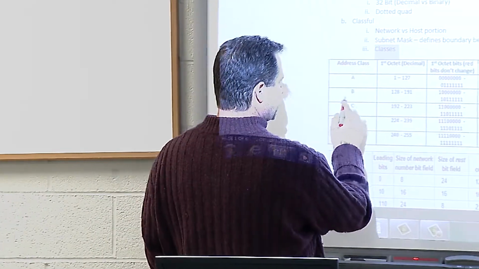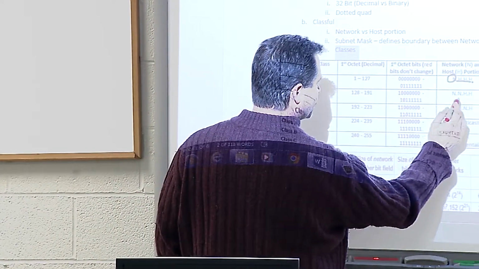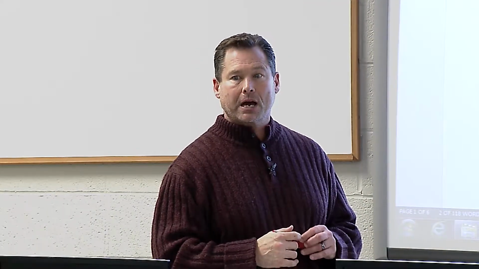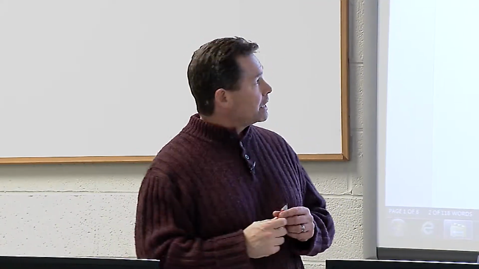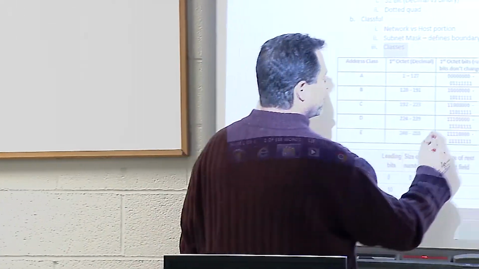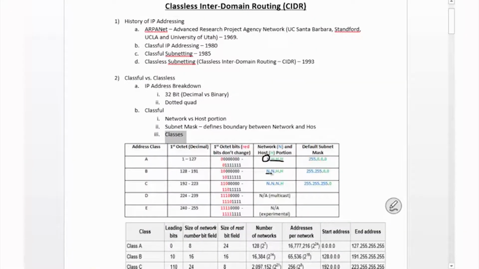And then we had Class B addresses, and we had 2 network portions. As I'm talking about this, I'm assuming an understanding of IP addressing at a basic level. So we had 2 sections that were network address areas, and then 2 sections that were assigned to host addressing.